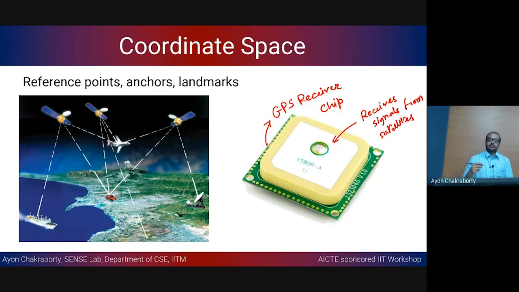Okay, and then we are going to see how these signals could be analyzed, and based on that analysis we are going to say that okay, I am at this latitude and this longitude, right? This is the latitude, this is the longitude, and this is my altitude. Okay, so these are the things that we need to compute, or the chip is going to compute.